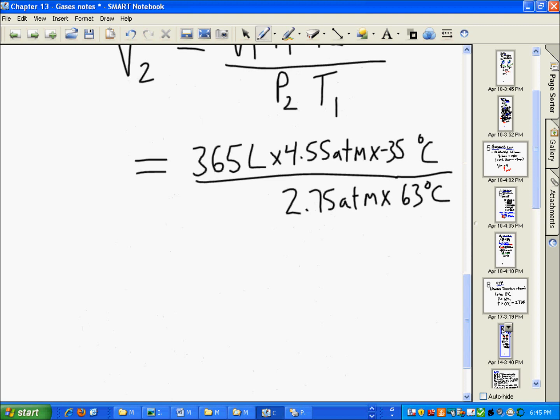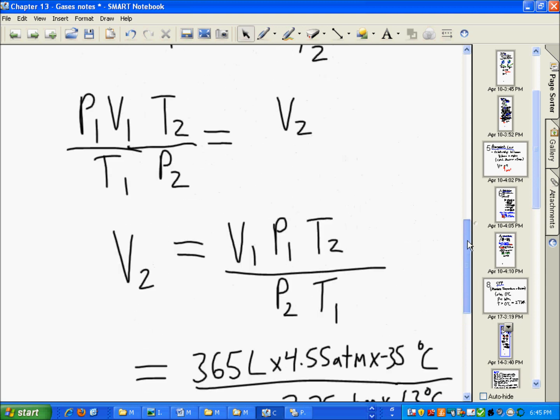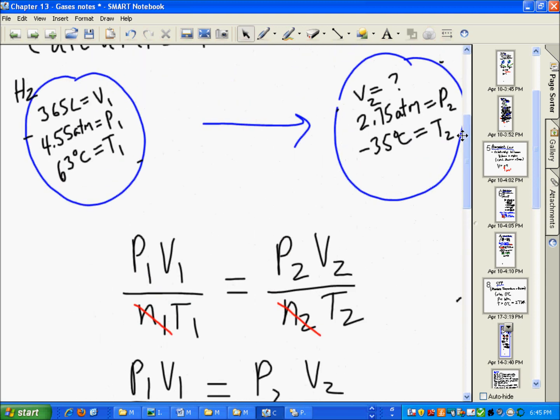Now before we can do this calculation, there's something we're going to need to do. Change your temperatures to Kelvin. Because in calculations involving gases, temperature always has to be in Kelvin. So let's do that up here. 63 degrees Celsius, add 273 to that. 336 kelvins.